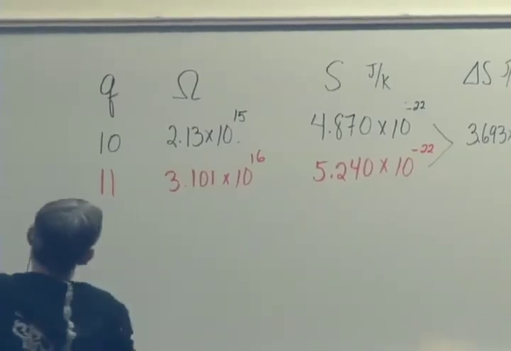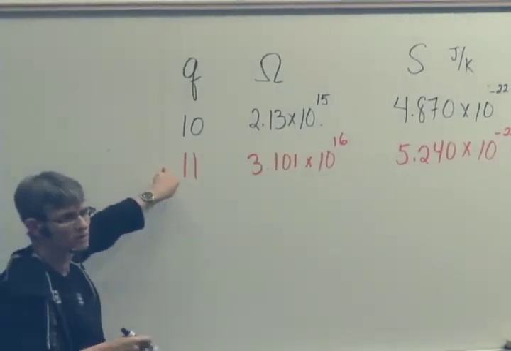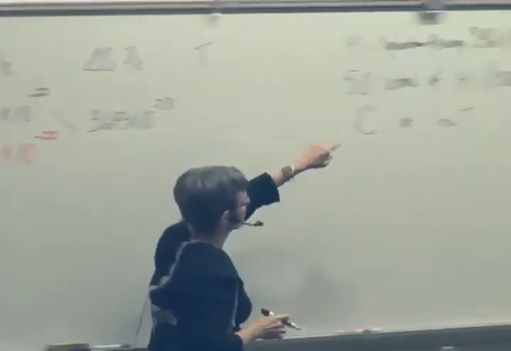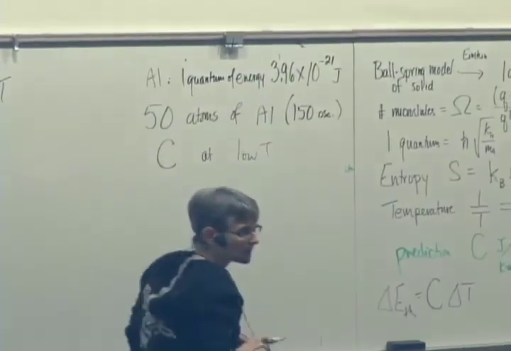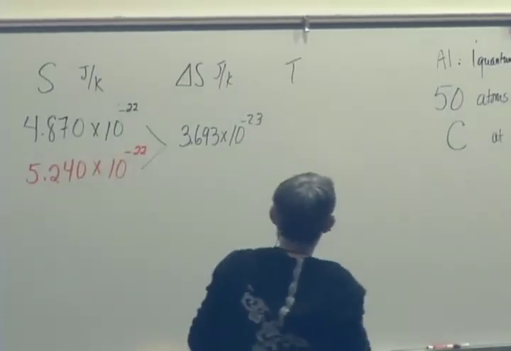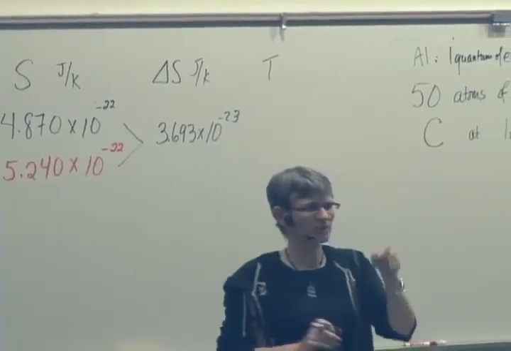What was the change in energy going from 10 quanta to 11 quanta? 1 quantum. And what's the energy of 1 quantum? Okay. So we have that. So the temperature is, okay, we have 107 and we have 0.009.